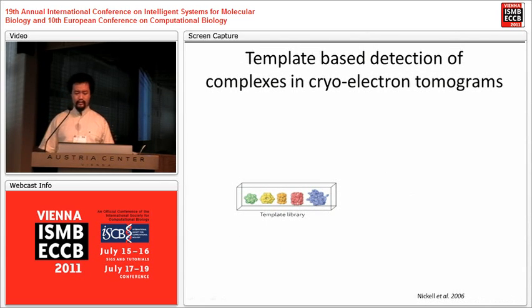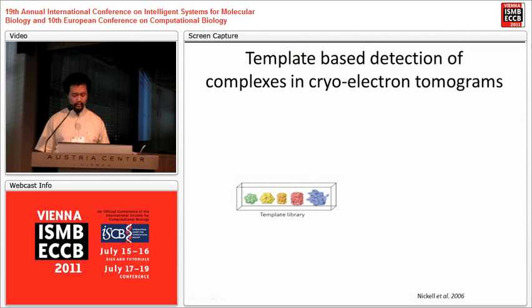The existing visual proteomics analysis is typically done through a template-based detection process, where we have a library of templates of known structures.